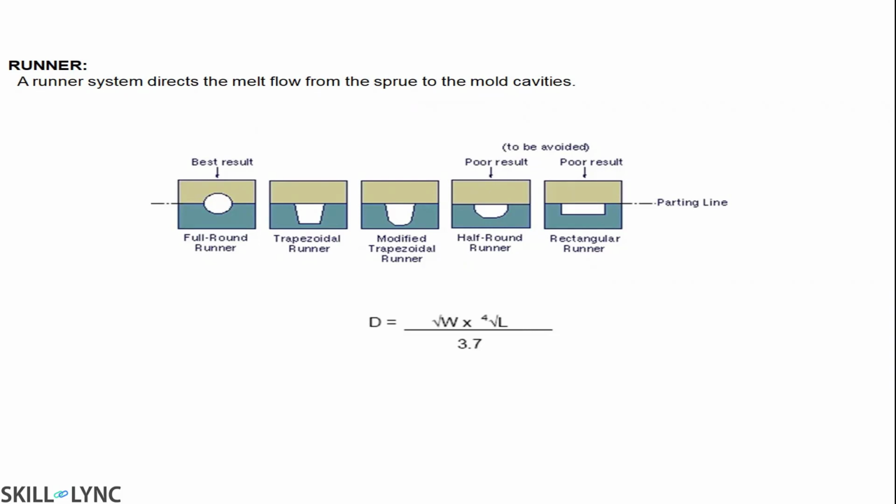If you mold the part, we can calculate the weight by using the 3D model. And 3.7 is the diameter for calculating the runner. There are different kinds of runners. The trapezoidal runner is what we usually prefer because it has a drafted surface, which makes it easy to eject the runner.